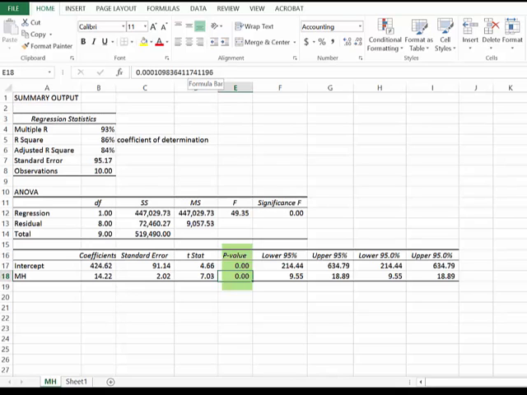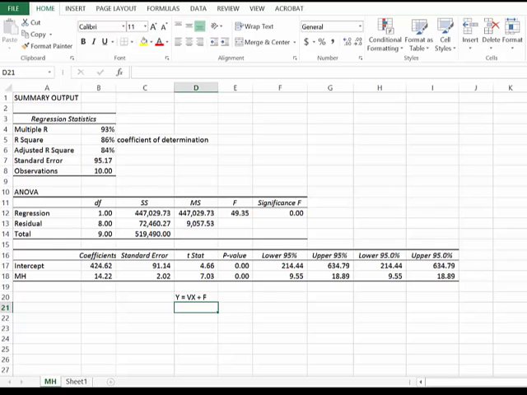So a very small chance, about 1/100th of 1% chance that this is all just random. That's an excellent p-value. Usually we talk about p-values that are at the 1% level, the 5% level, or the 10% level. So 0.10 would probably be the highest we would want that to go and still use the numbers. Okay, so let's write the equation.